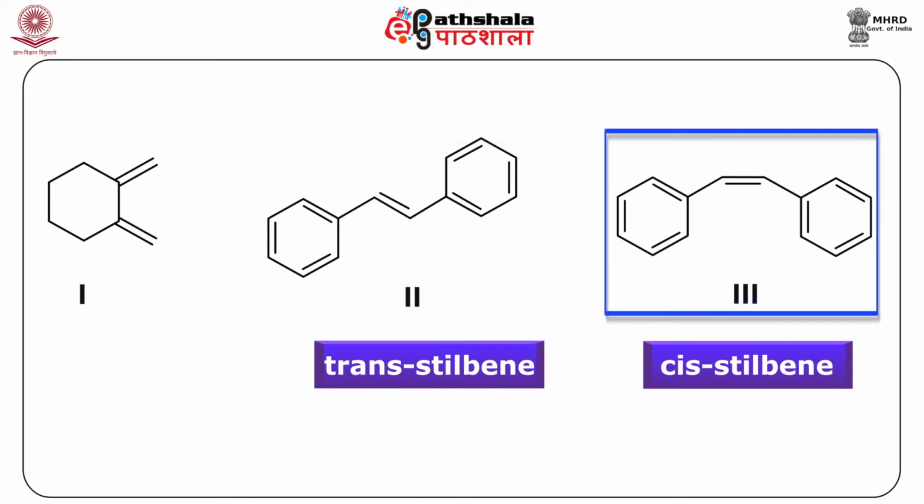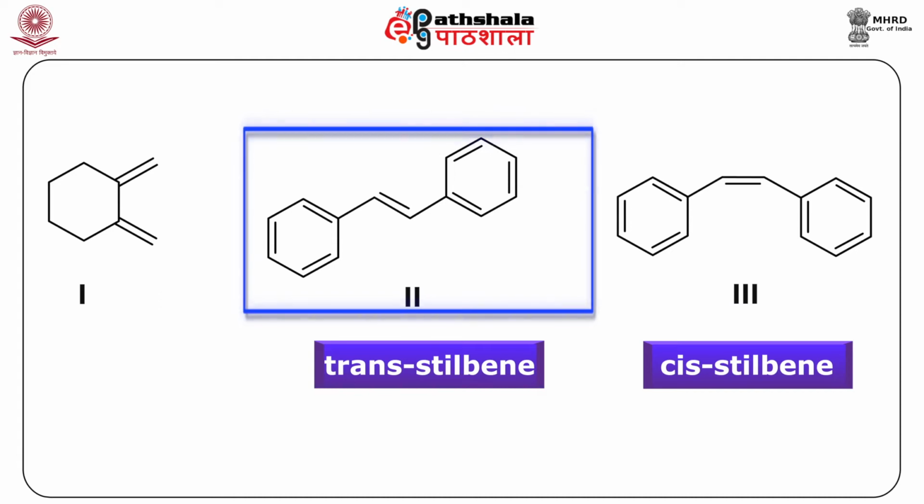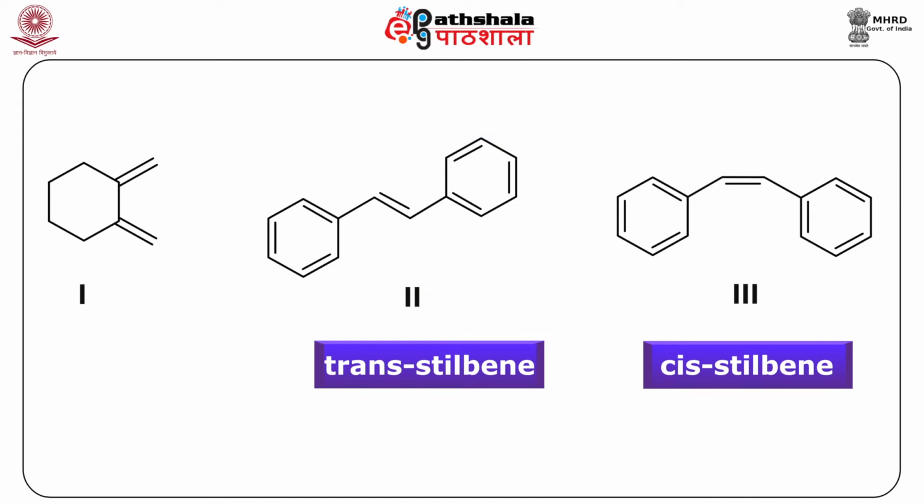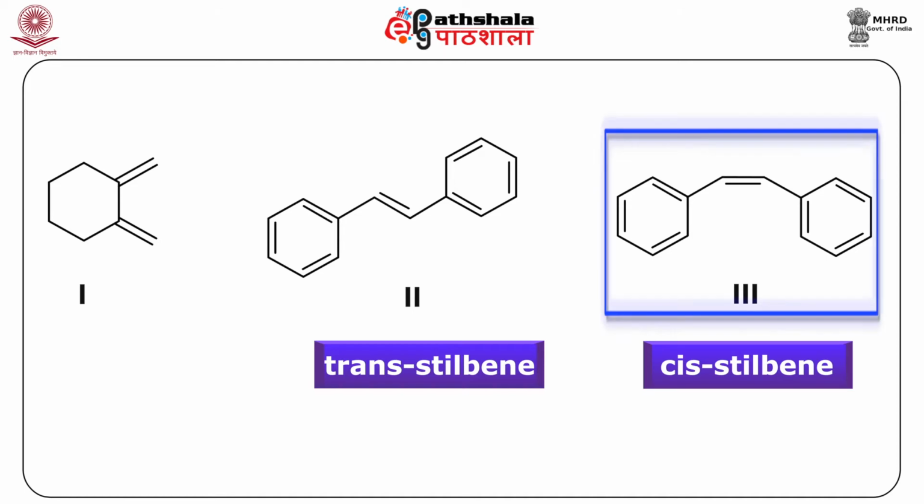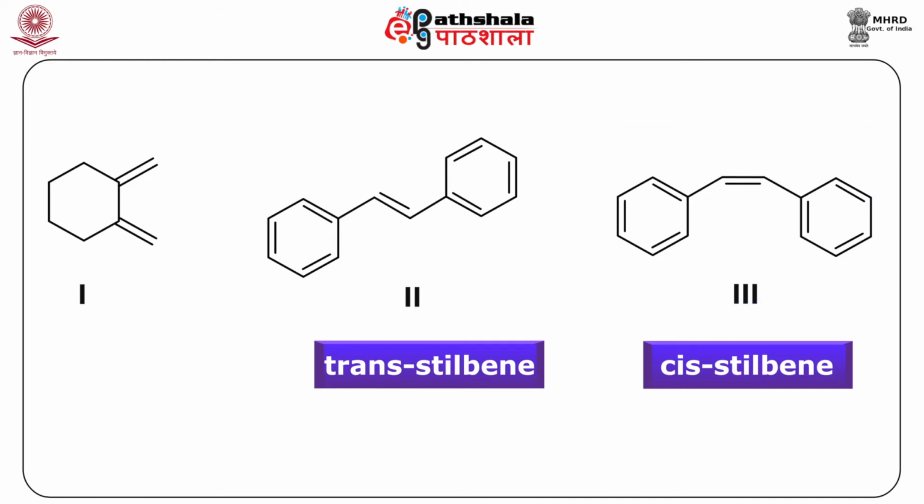For example, trans stilbene, shown at number 2, absorbs at longer wavelength and greater intensity, lambda max 295 nanometer and molar absorptivity 27,000, than cis stilbene, which is just next to it, with lambda max at 280 nanometer and molar absorptivity 13,500, due to steric effects in the cis conformer as compared to the trans conformer.